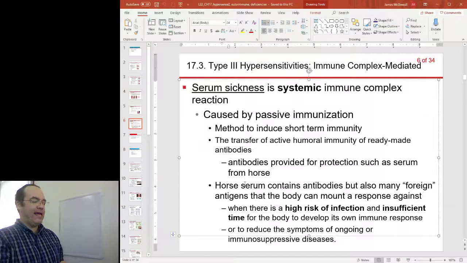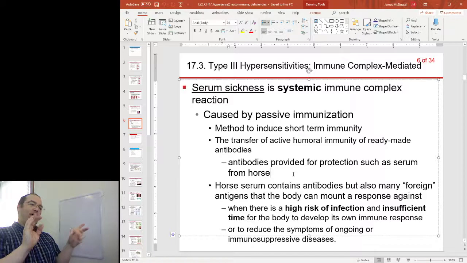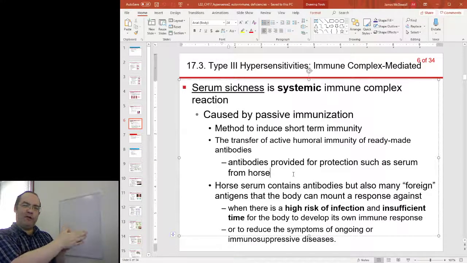However, even though horses and humans are both mammals, and our antibodies are going to be very similar, the antibodies made by the horse to protect us from the snake bite are themselves going to be recognized as foreign.